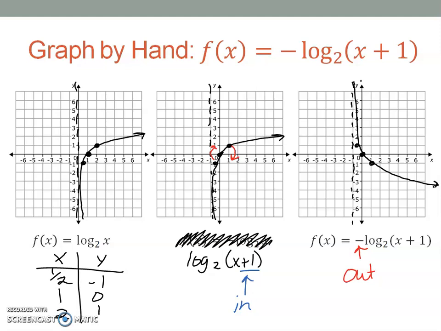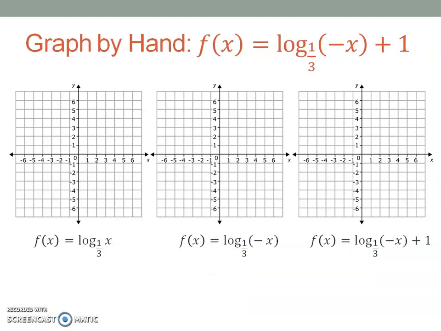Okay, next one. Again, we're going to start with our parent function. F of x equals log base 1/3 of x. Okay, draw my table, x's and y's. Remember, we know our y's here, -1, 0, and 1. So I've got 0, which always goes with 1. 1 goes with the base.